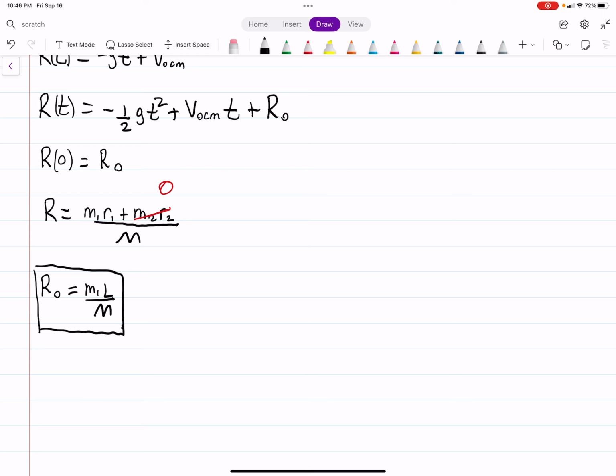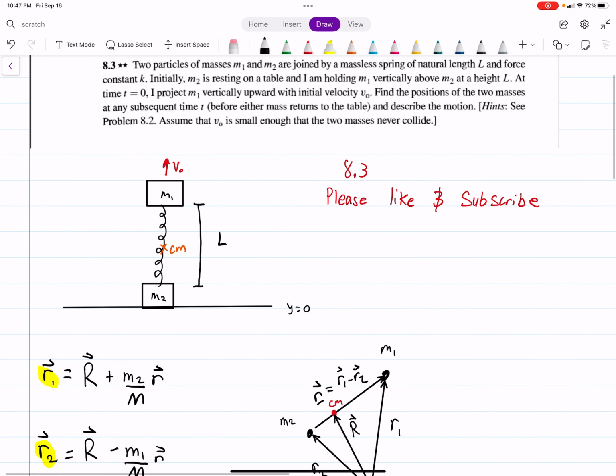Okay. And likewise, if we take the derivative of this, r dot is going to be just m1 r1 dot plus m2 r2 dot over big M, or, of course, m1 v naught over big M. So initially, the only thing that has your velocity here is mass 1.